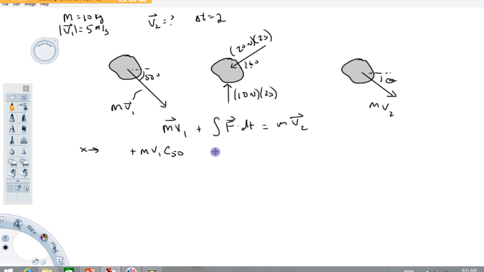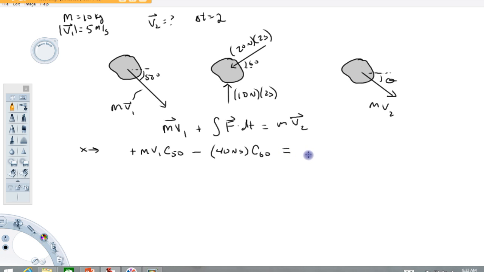The hypotenuse is going to be 40 Newton seconds, coming from the 20 times 2, times the cosine of 60 degrees, to give me the x component. And notice in the picture that that component points left, and I'm calling right positive, so we're going to have minus.